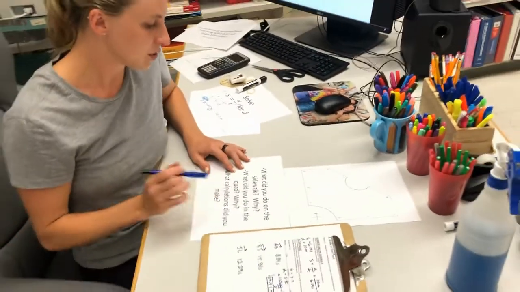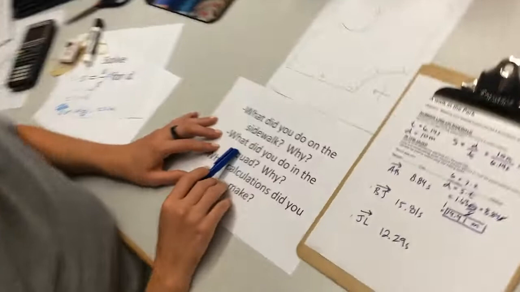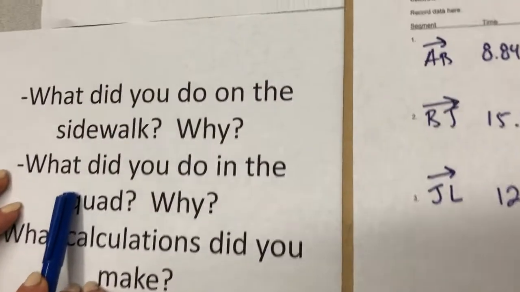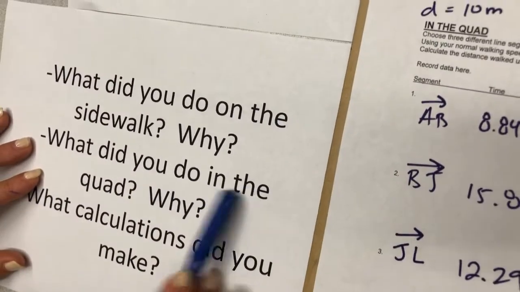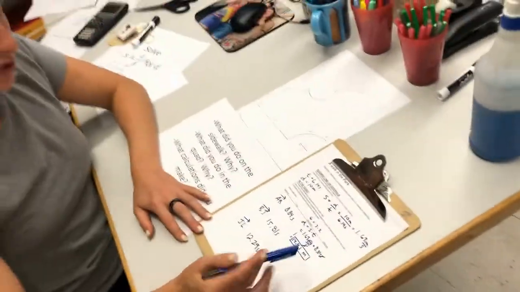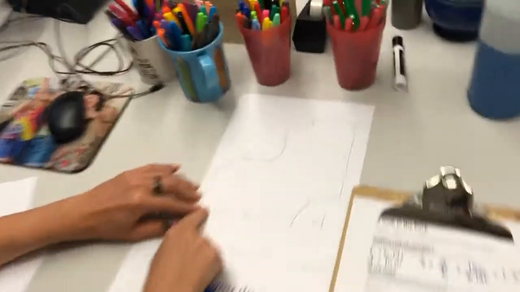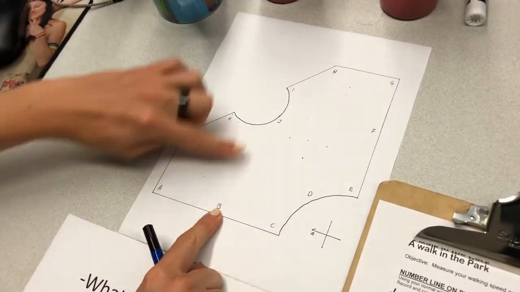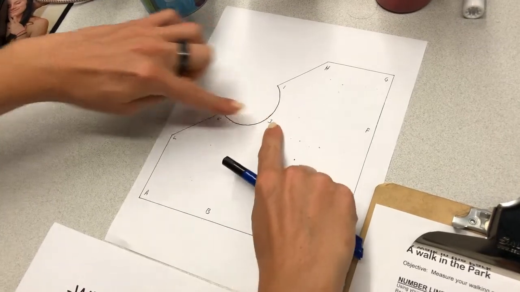The next thing we did was walk in the quad. What did we do in the quad and why? We chose 3 different segments and walked from one of those segments to another. We walked from here to here, from there to there, and then from there to there.